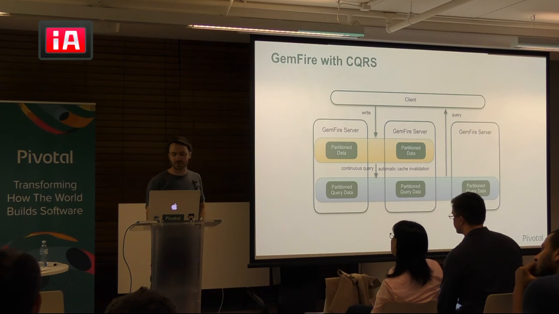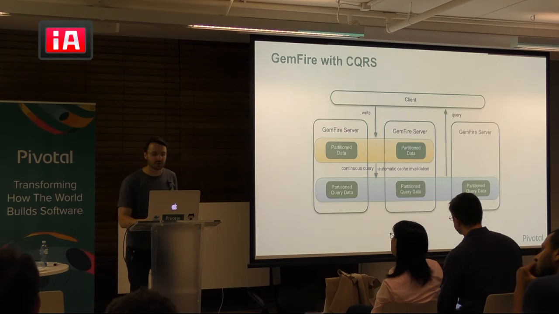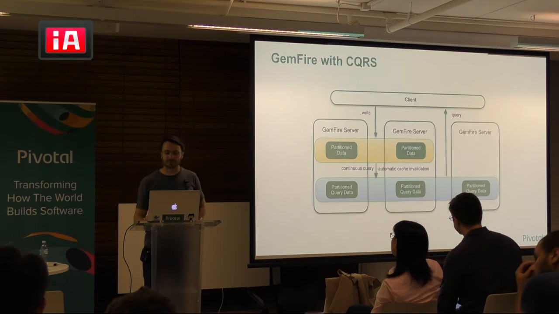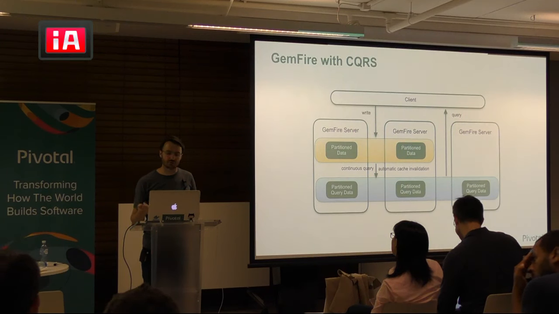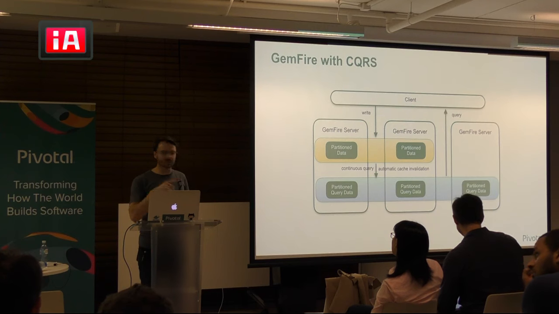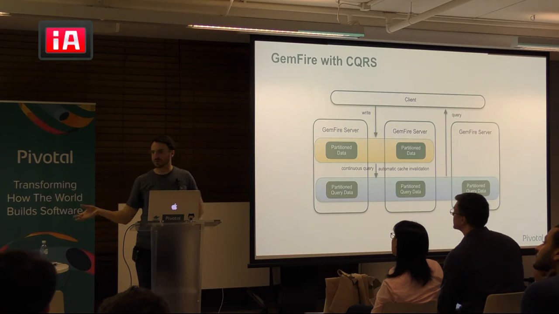So you'd write to the right, and what GemFire allows you to do is implement continuous queries. The problem with CQRS is the synchronization between the write and query views. That synchronization is kind of a problem.